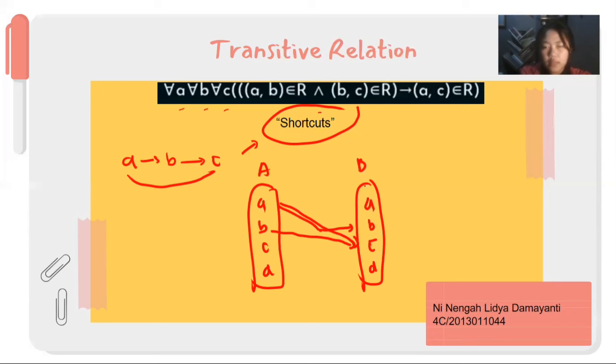Or another example, if we have an arrow from c to a, and then a to d, so we must have an arrow from c to d. This is called transitive.